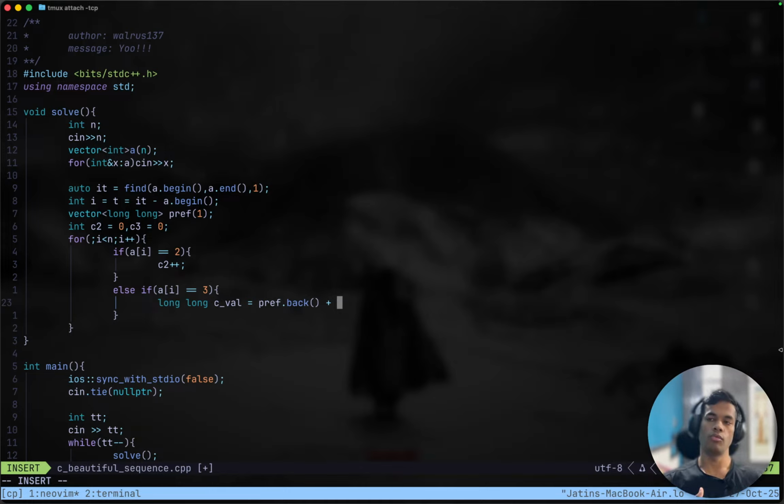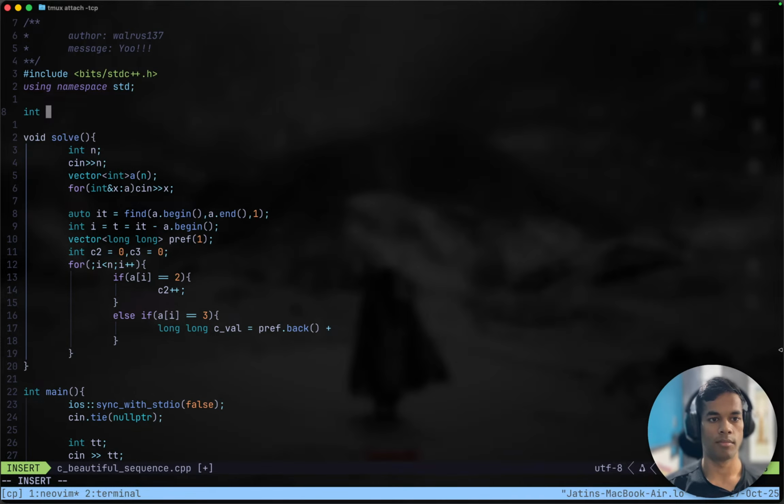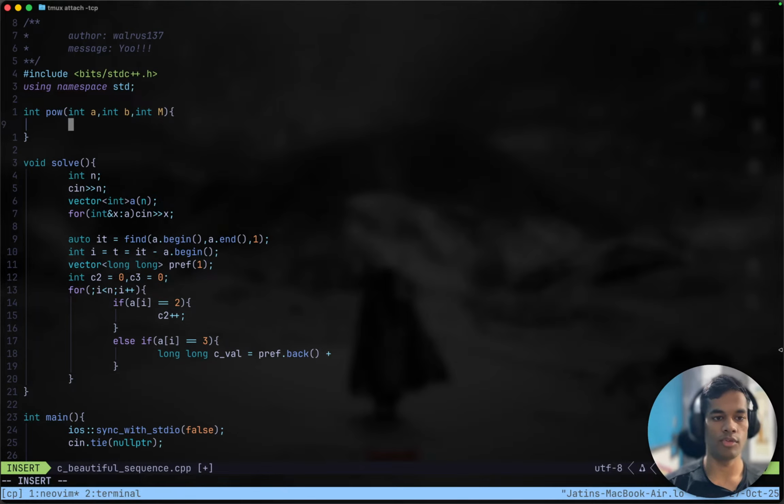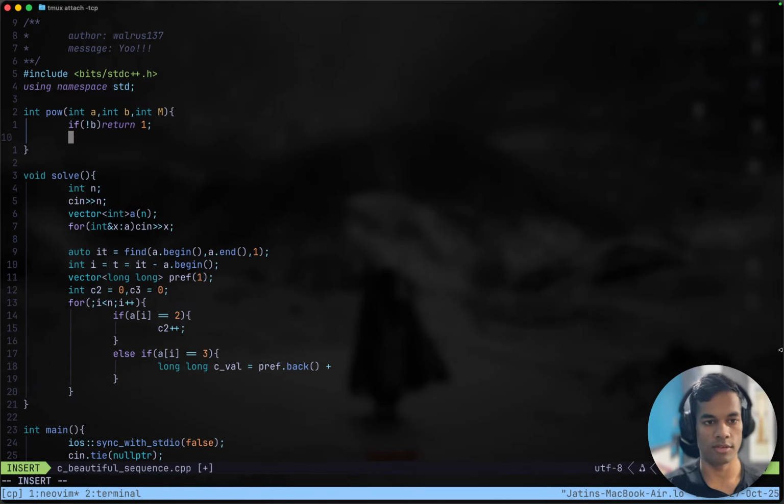The new value would be 2 raised to the power of 2 raised to the power of the number of twos that we have seen till now. That makes sense, for which we need a power function: int power a, int b, and m, which is the number with which we are going to take modulus. If b is 0, then we will return 1 because any number power 0 is 1.